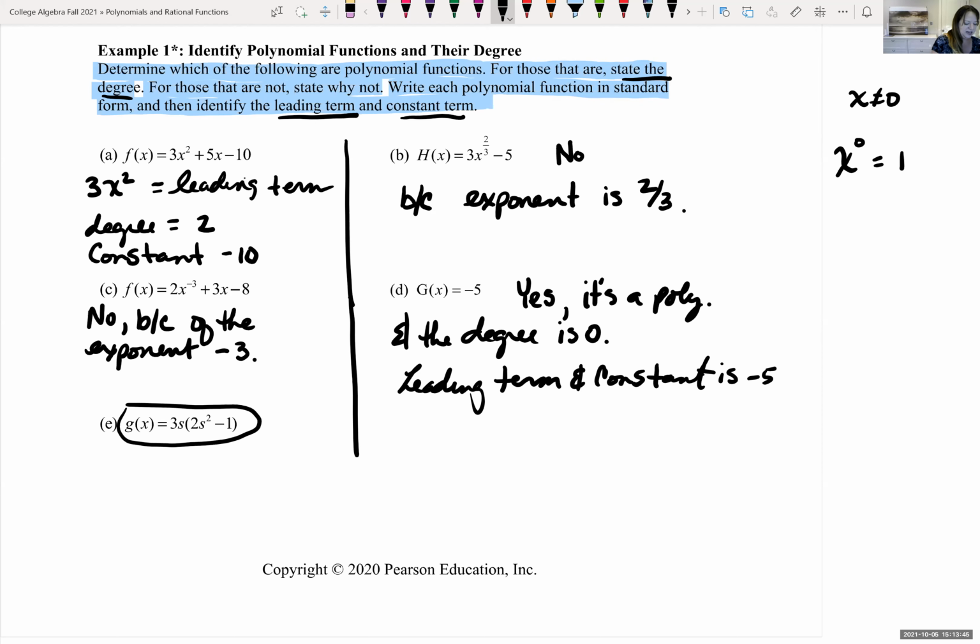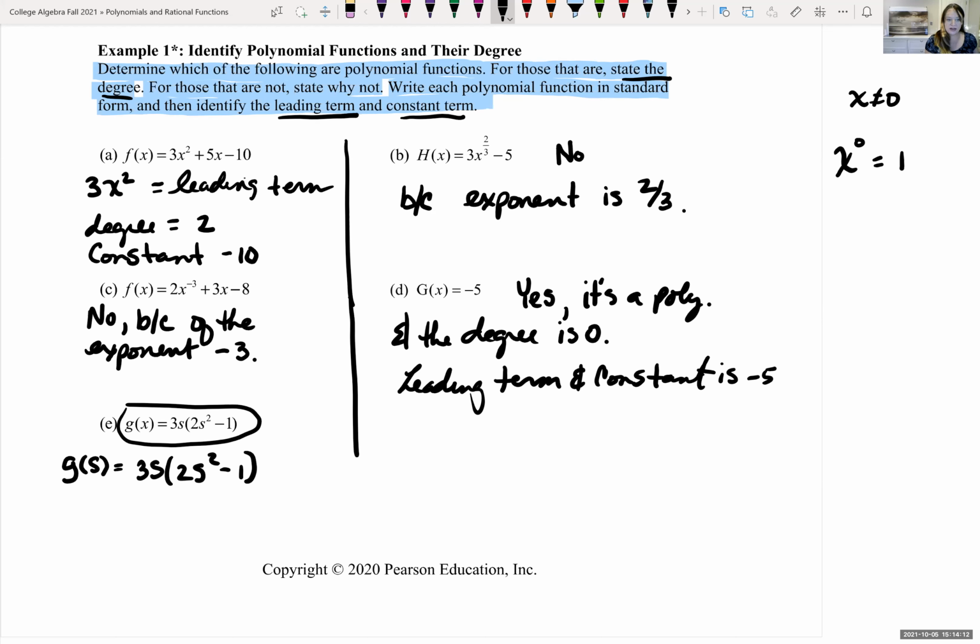Lowercase g of x, our function, which is 3s. And there's an error in here, because if this was a function in terms of s, then it really shouldn't say g of x, it should say g of s. So I'm going to rewrite it as 3s all times 2s squared minus 1.